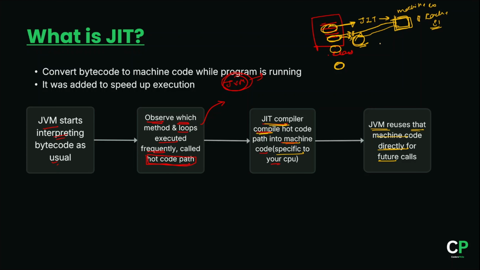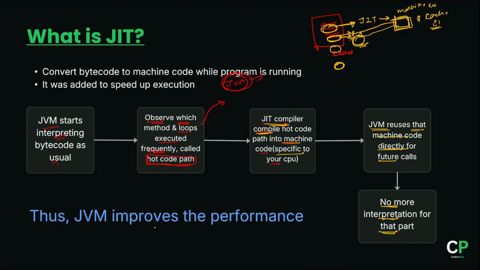Thus there is no need for interpretation, no more interpretation for that part. So we can say that the just-in-time compiler improves the performance. The role of the just-in-time compiler is to improve the performance by converting the hot code part to the machine code. So this is the just-in-time compiler.